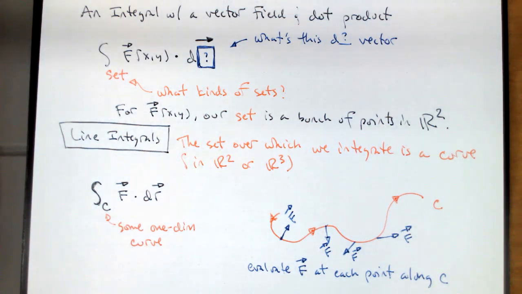We're just going to take a little piece, a vector tangent to the curve. Because we say that the vector field F is constant for some small change in C. Small changes in C will be described with tangents. So dr is tangent to the curve C.